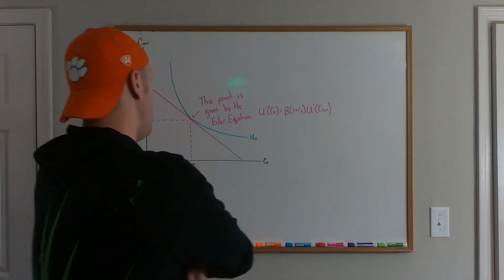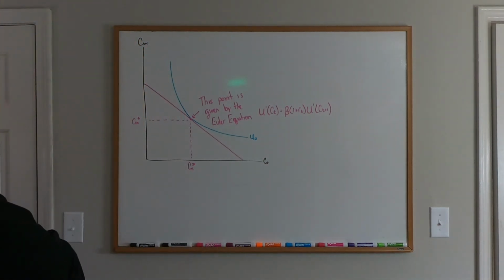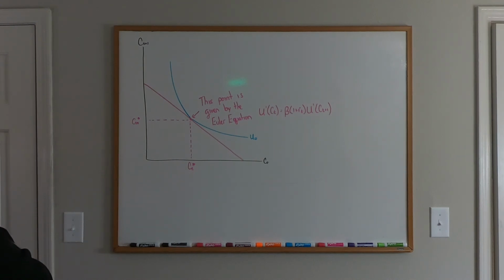But at the utility maximizing point of consuming and saving, yielding a consumption bundle, c_t star and c_t+1 star, I can figure that out from the Euler equation.